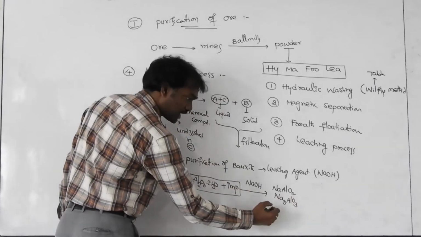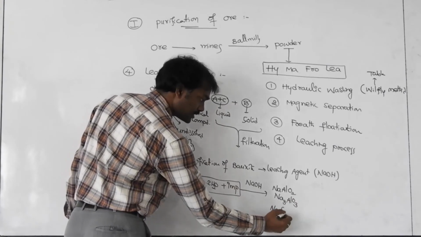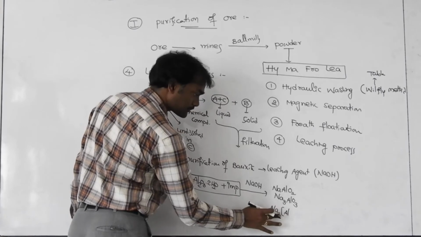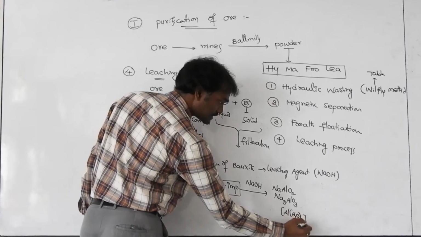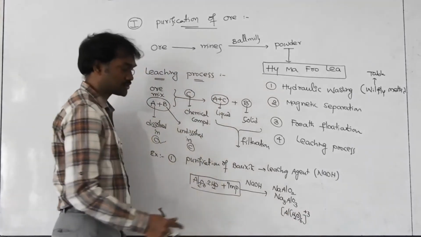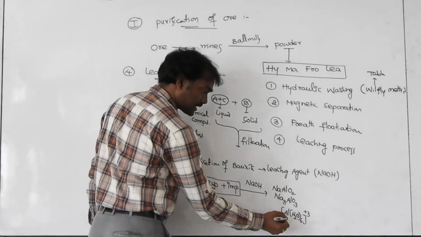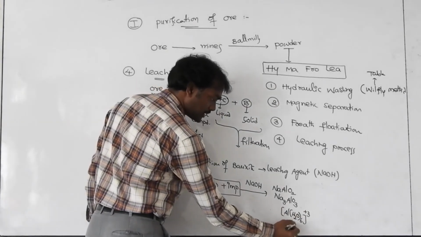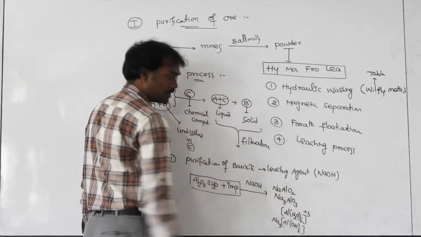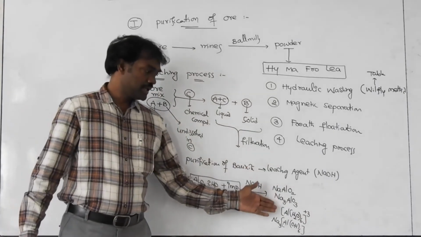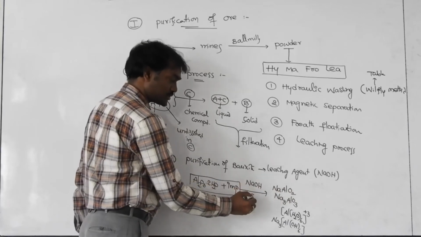Otherwise, it can be a complex: sodium surrounded with aluminium, [Al(H2O)6]3+ as a complex compound also. Aluminium with water and hydroxide, otherwise [Al(OH)6], otherwise Na3. So many possibilities are there, but all of these are dissolved in NaOH solution.